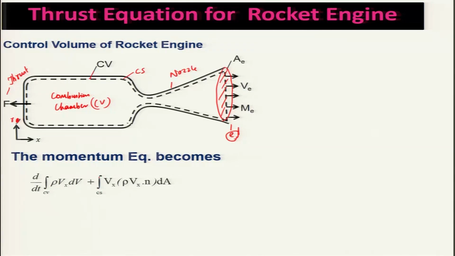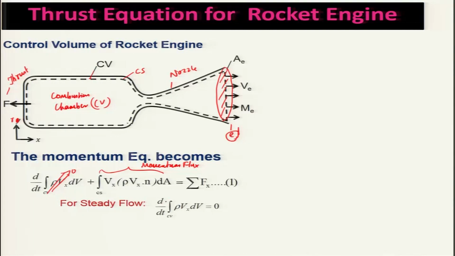And this is your momentum flux across the control surface area, which is equal to the summation of forces acting in the x direction, and we are only considering the x direction. Keep in mind, for steady flow this first term will be 0.